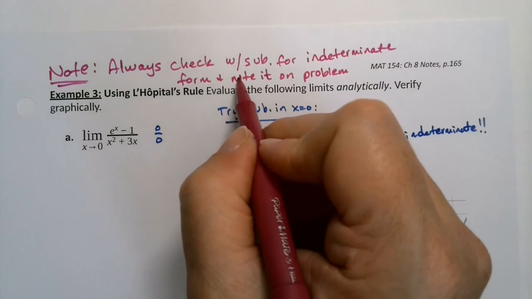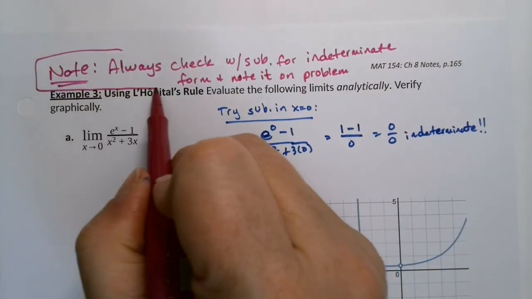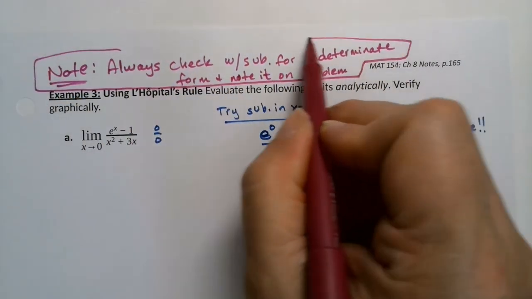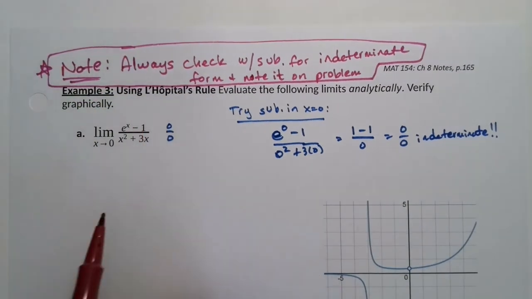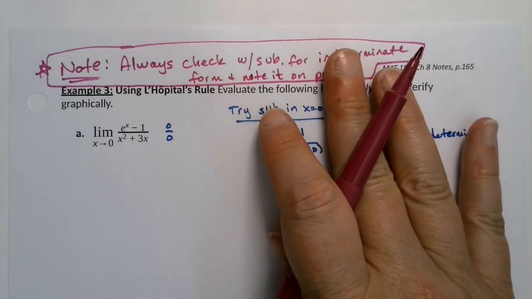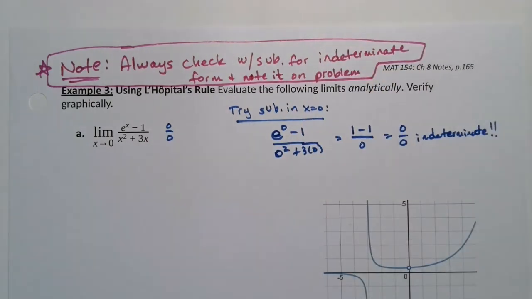I should highlight that. I should have put that in a box somewhere. So let's notate that. Always, always, always make a little note: I tried and it's 0 over 0. Even if you don't show all this work over here, you have to show this bit.